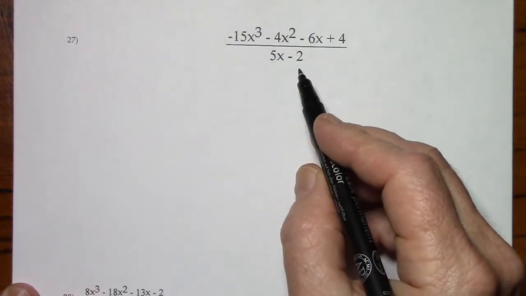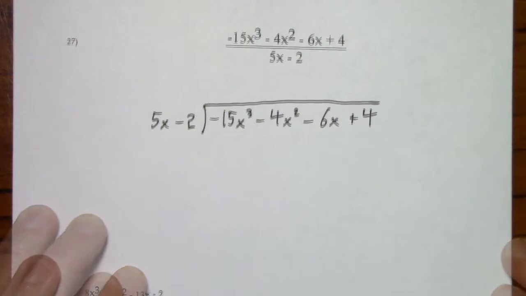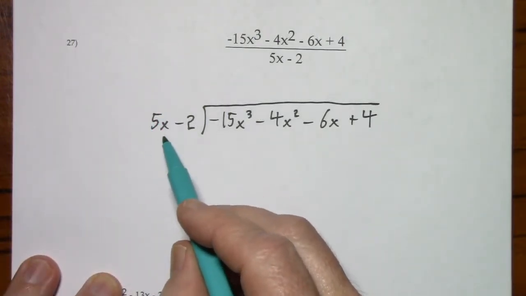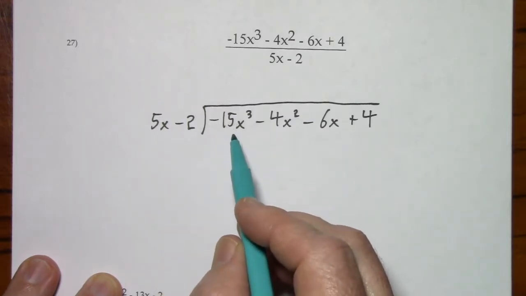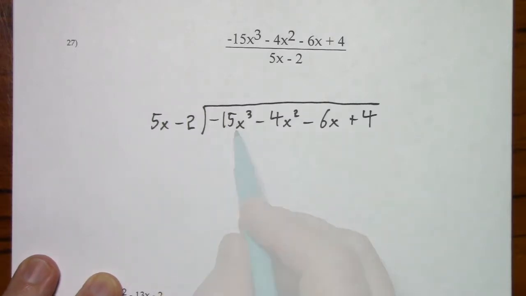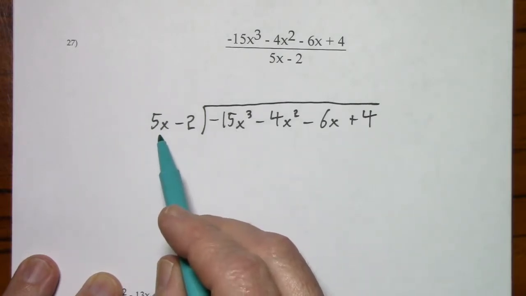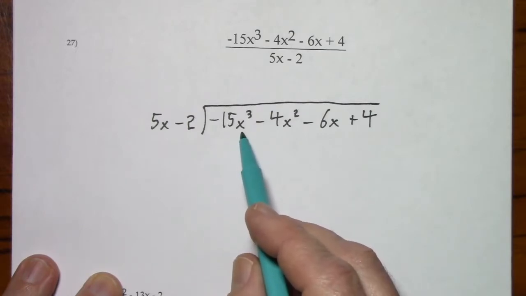We have another division problem. And again, we focus on the first term and the first term. The pattern I used in the previous example is I said, how many times does 5x go into a negative 15x to the third?